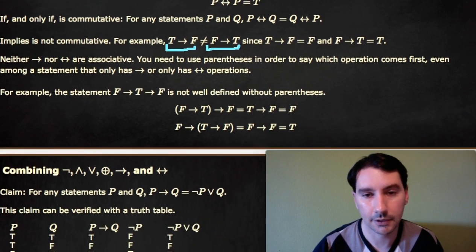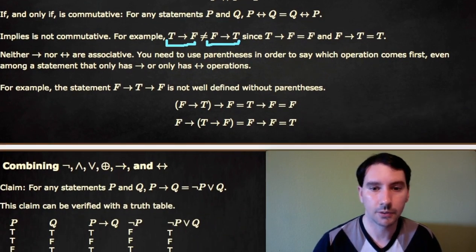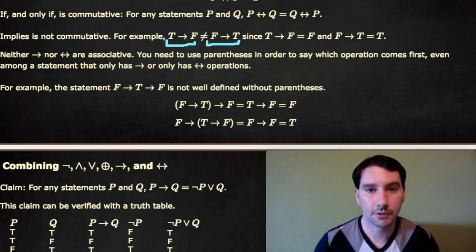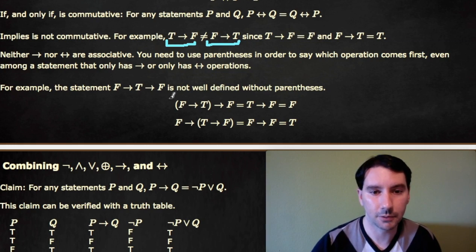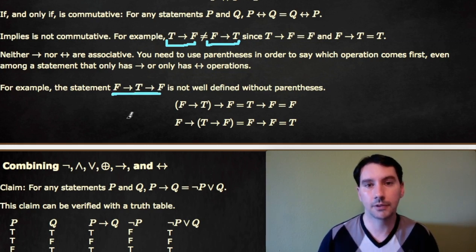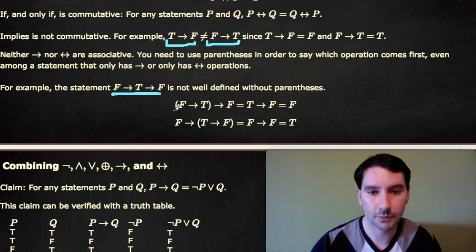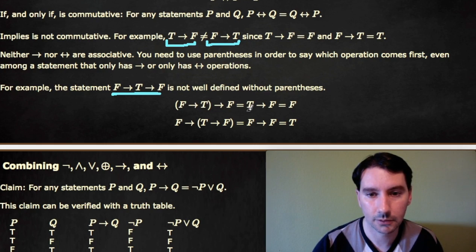And neither of these are associative. So you always have to say which one comes first using parentheses, even if all the operations are the same. For example, if we do false implies true implies false, you need to indicate which implies comes first. If it's the first one, false implies true, well, false implies true is true, and then true implies false is false.